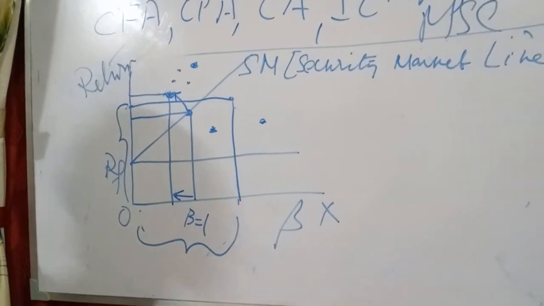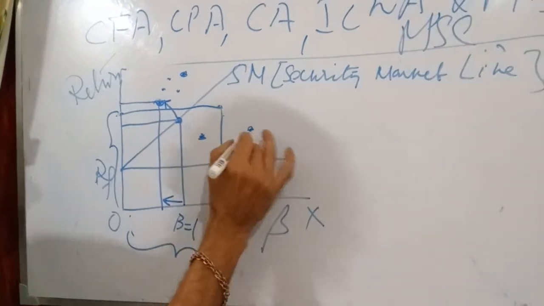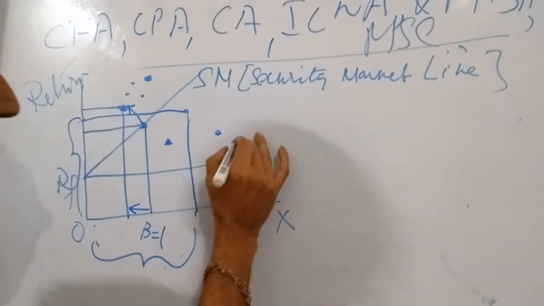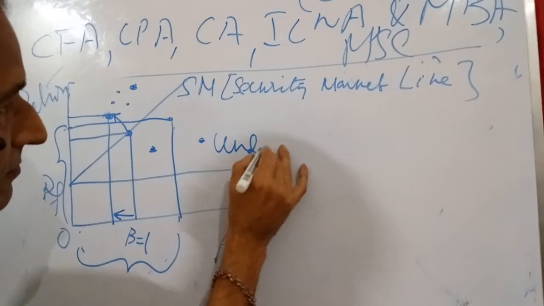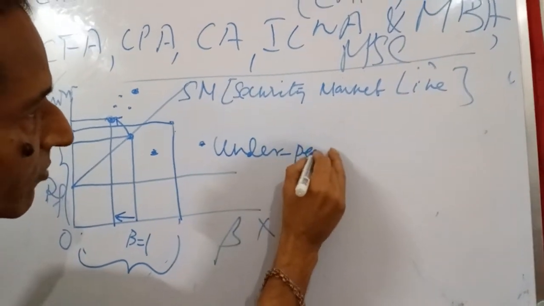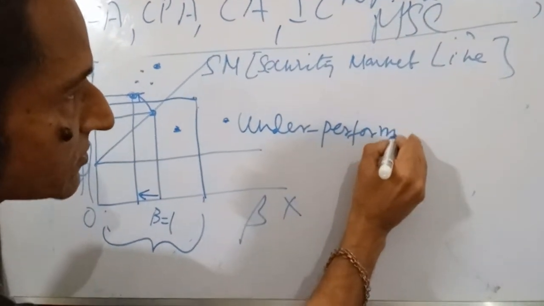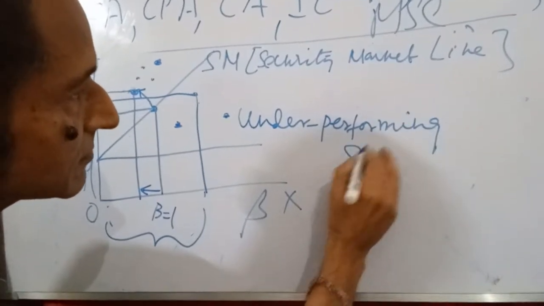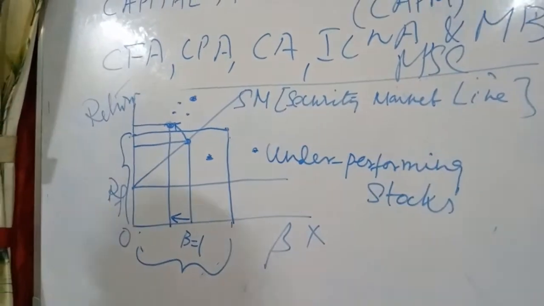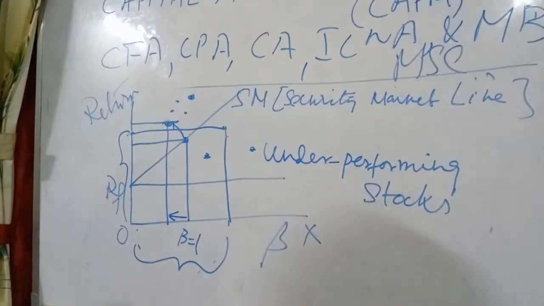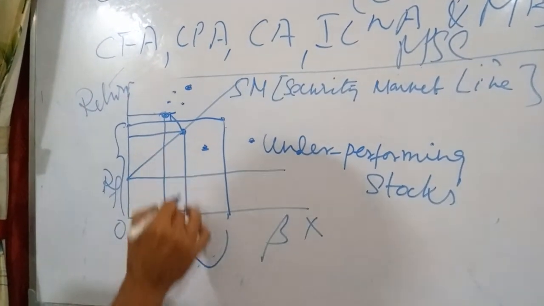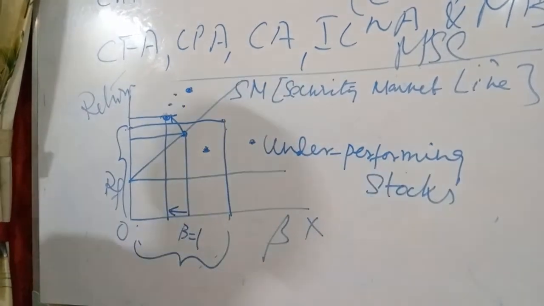So these stocks are underperformers, or underperforming stocks. So stocks lying below SML and to the right of this line are underperforming stocks.